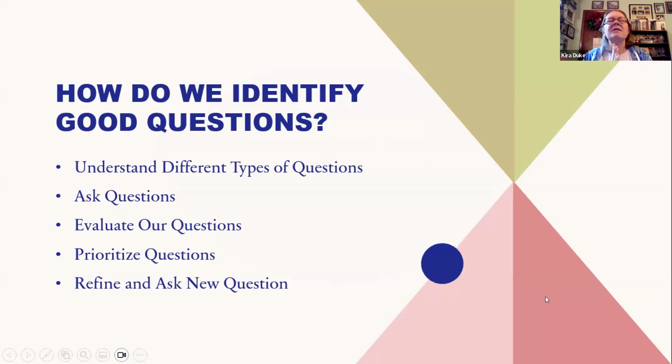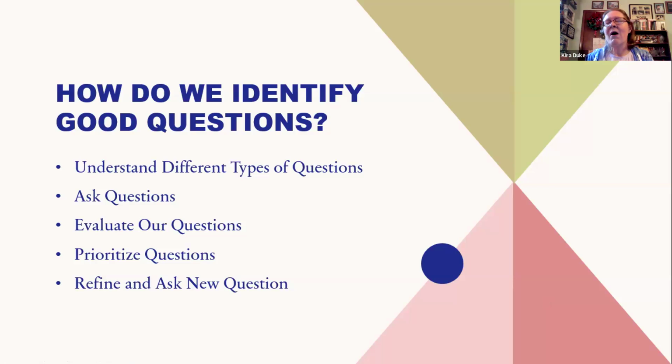All right. So first question, of course, is how do we even begin to identify good questions? Because I think it really starts there. And this happens in a few different ways. So one, we need to understand the different types of questions that are out there. We need to ask lots of questions as a place to get started. And then we need to be able to evaluate those questions.